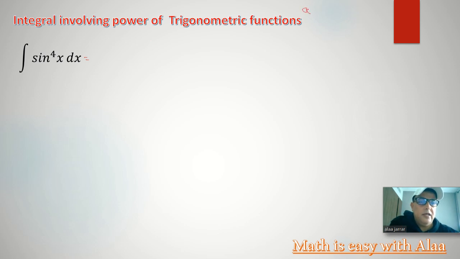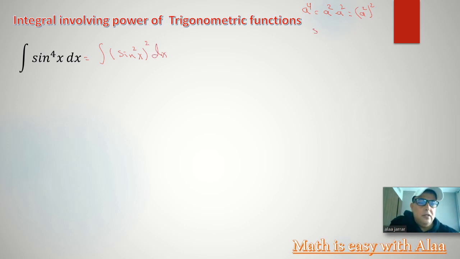Now we know that a to the power 4 equals a squared times a squared, or a squared, squared. So I will put here the integral of sine squared x, squared, dx.